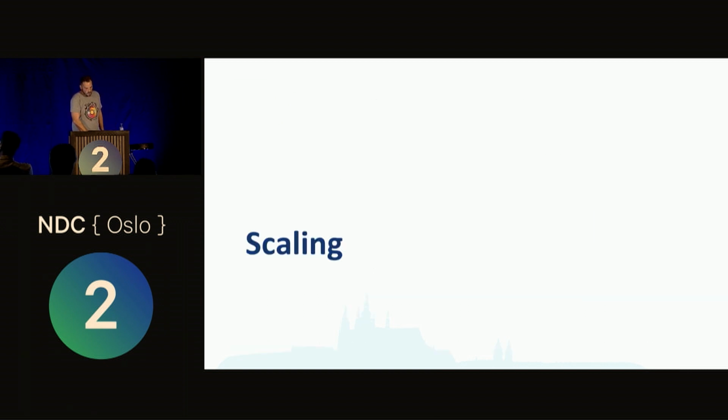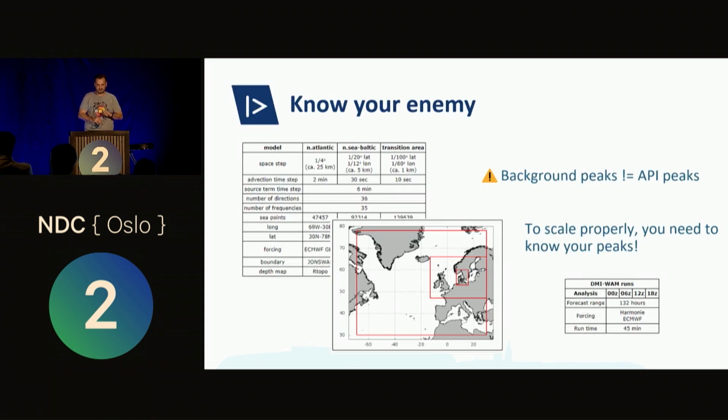All right, so we have an application, background jobs, everything is perfect, and now is the time to think about how to really scale. And again, here are some pain points, and I need to admit, we didn't know our enemy well. So for you, one hint: to properly scale, you need to know who you are dealing with.